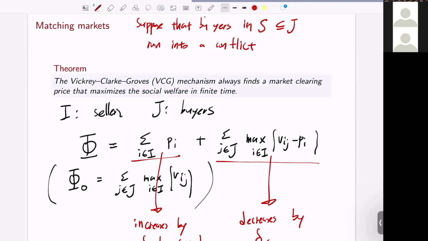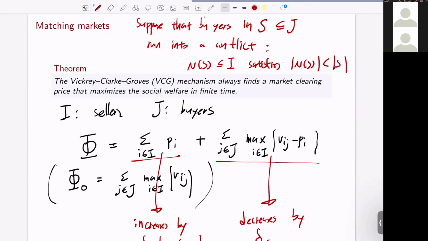which means that the number of items that they like the most is smaller than the number of buyers in the set, which means that N of S, the set of most preferred items, satisfies the number of items in the neighbor is less than the number of buyers.